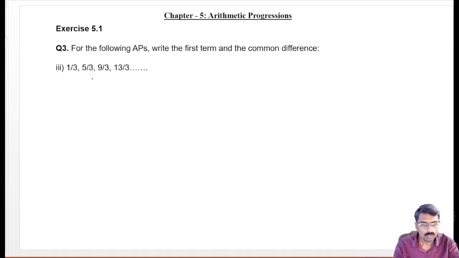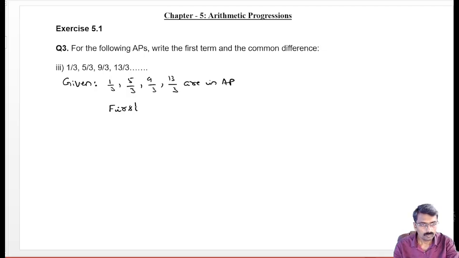Next sub question is third sub question. Given, what is given here? 1 by 3 comma 5 by 3 comma 9 by 3 comma 13 by 3 are in AP. So our first term, which is A, that is equals to 1 by 3. This is our first term, and common difference.